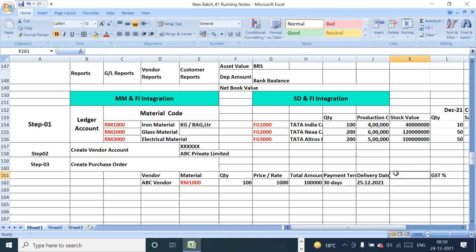If you say tomorrow, they will say it is a holiday, how can I deliver? Logically, these things are also important when you go into business. If it is a holiday, how can we put that as the delivery date? Sunday, or some other holidays, we cannot put as the delivery date. Even the vendor cannot accept. So accordingly we will put it. Then what else?